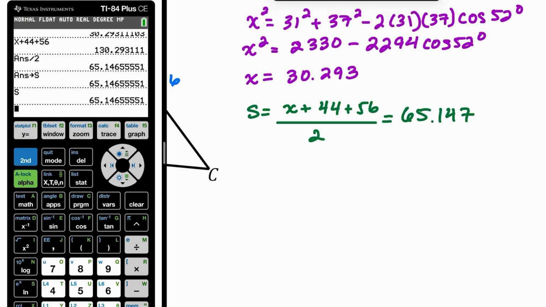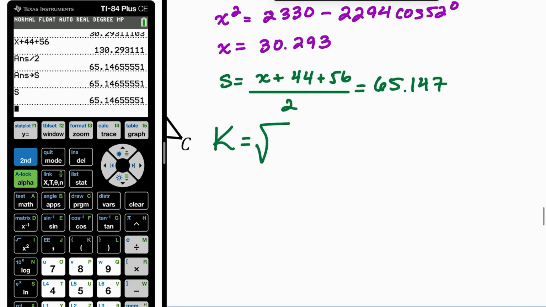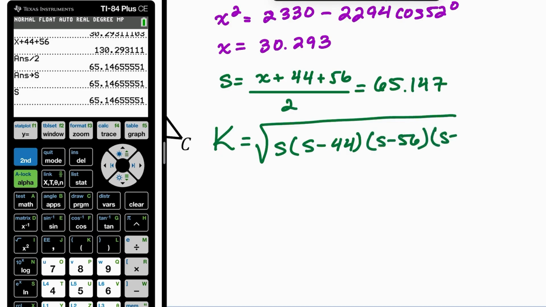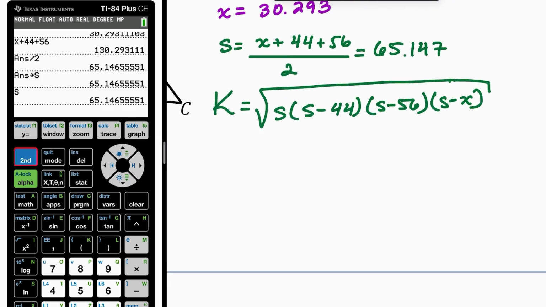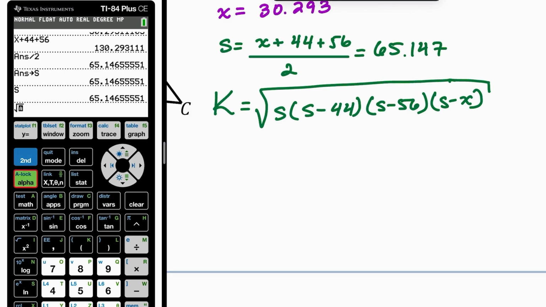To figure out this area K, I'm going to do Heron's formula with this S value and the difference between S and each of those side lengths, where one of those side lengths is X. So I'm going to literally type that all into the calculator at the same time: square root of S times S minus 44, and then S minus 56, and then literally S minus X.